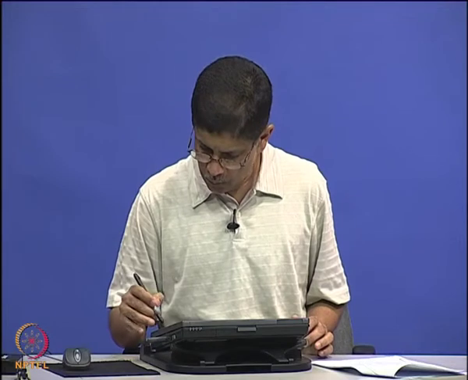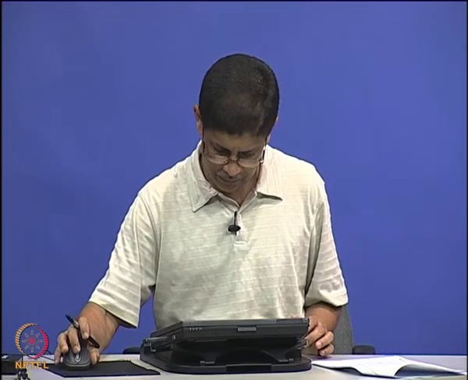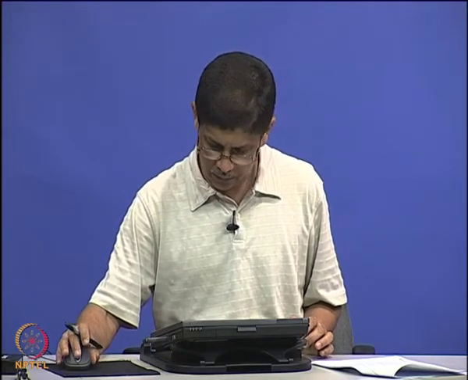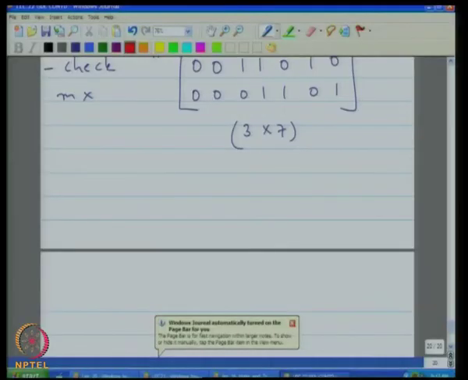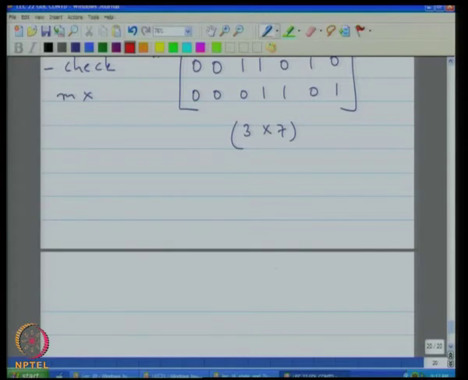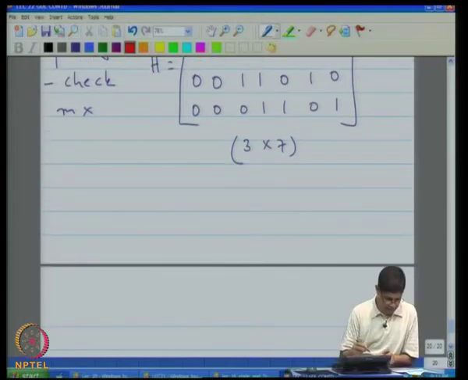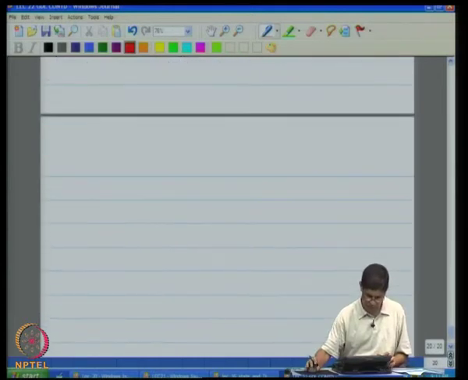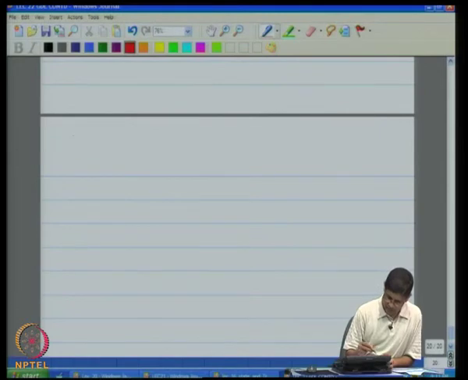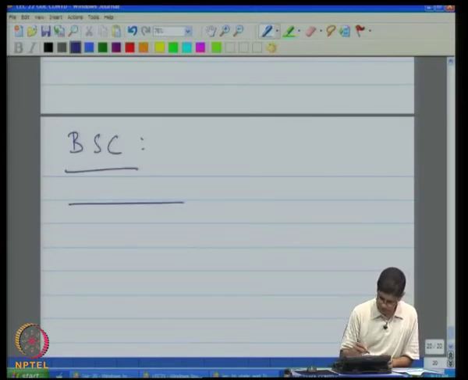Now, the setting in which we are going to look at this code is that of the binary symmetric channel. We can view it in one of two ways.